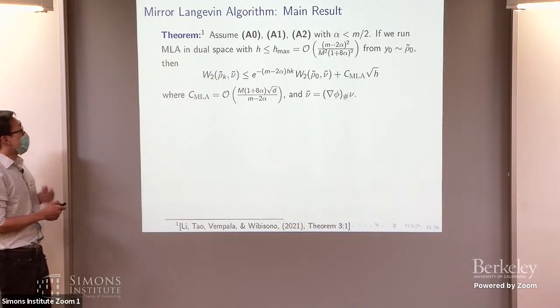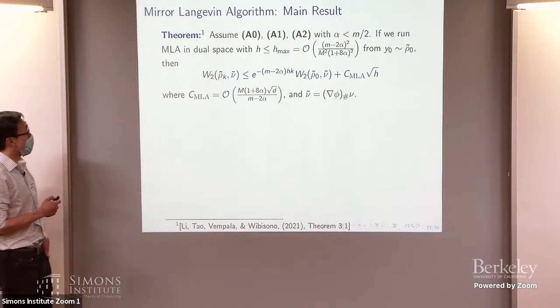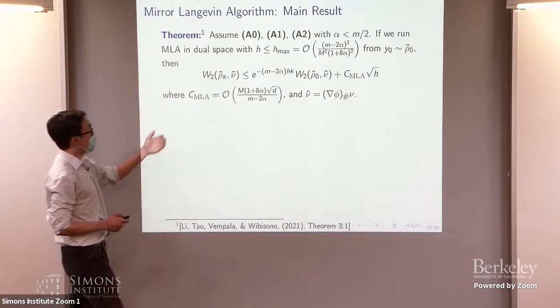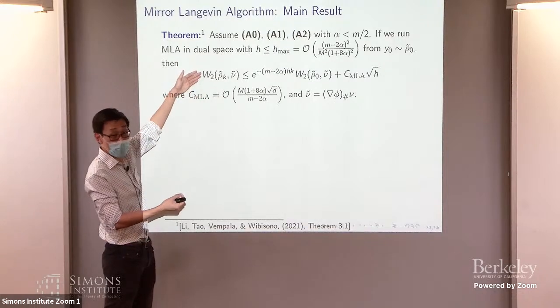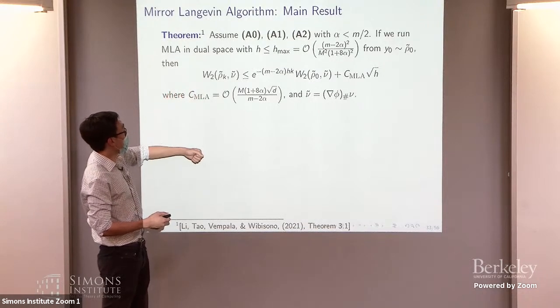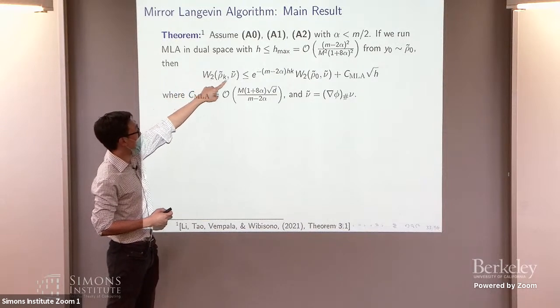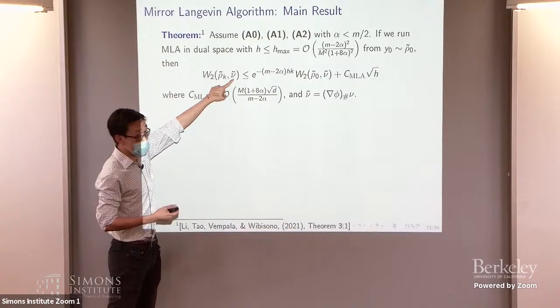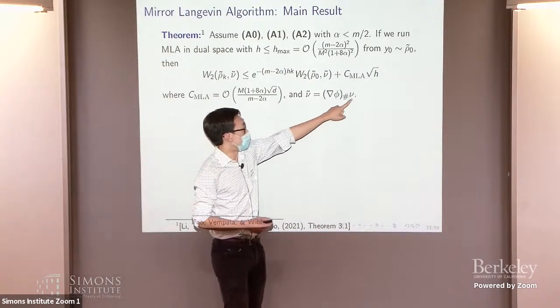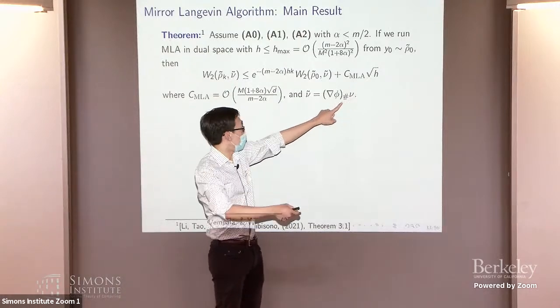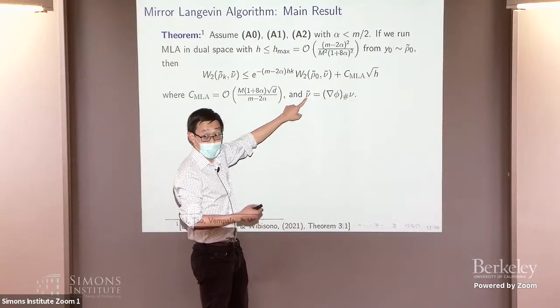Then there is a choice of maximum step size such that the mirror Langevin algorithm has the following bias convergence guarantee in the dual space, in the y variable: after k iterations, your W2 distance between your iterate and the target, right? So nu is a target in the primal space, and then we push it forward by the mirror map to get this target in the dual space.